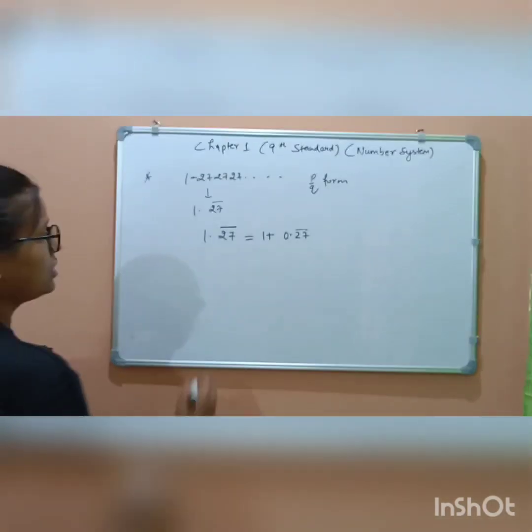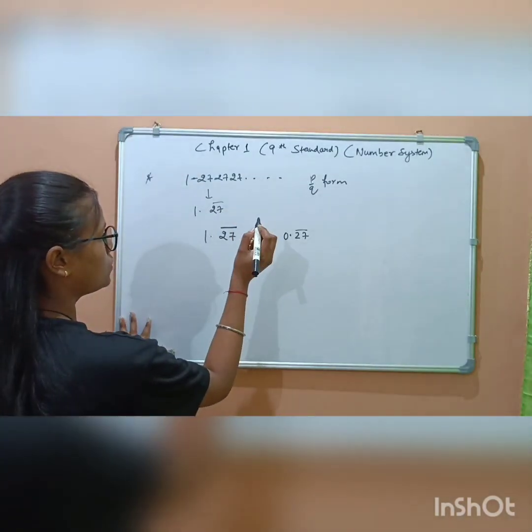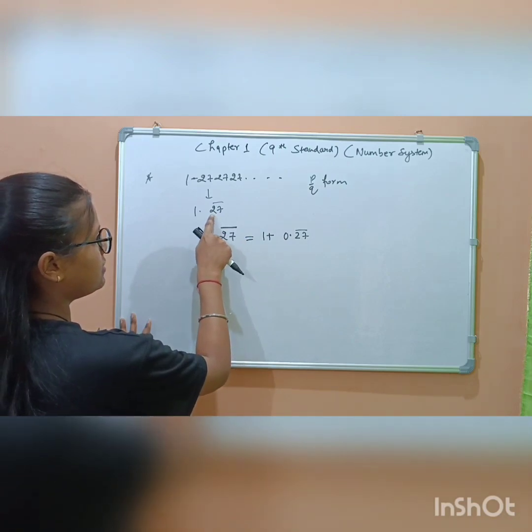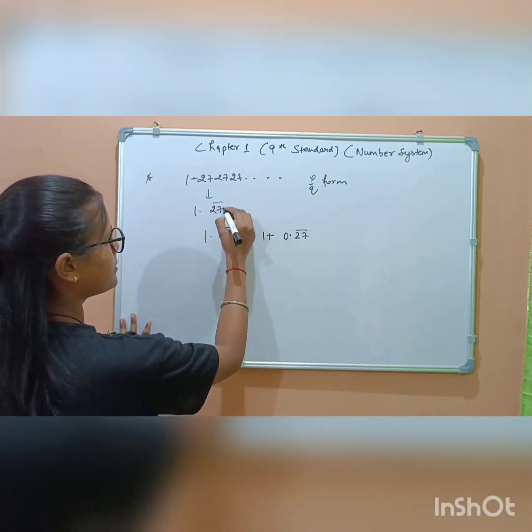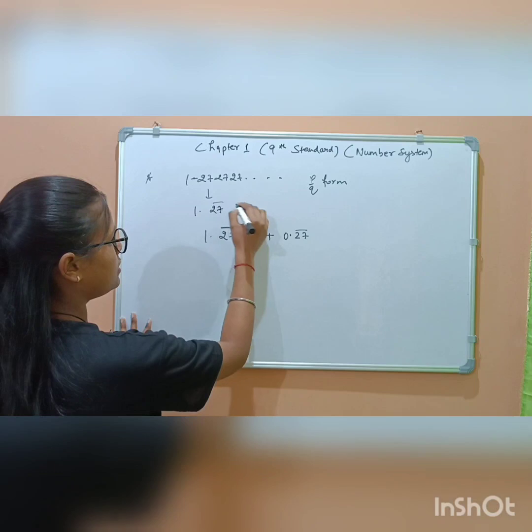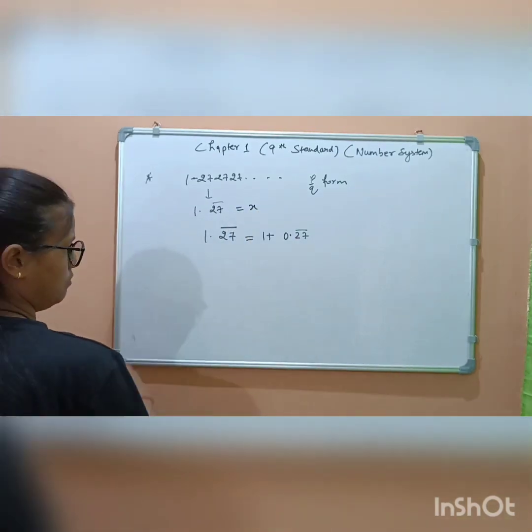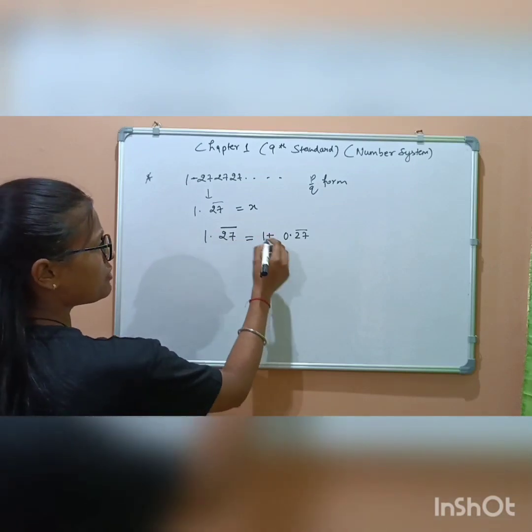Right now, let's take this as x. So this is 1.27 bar like this.